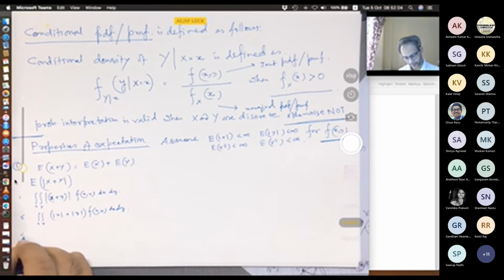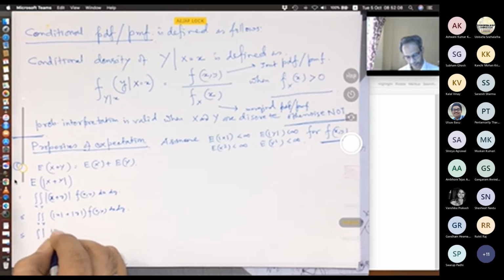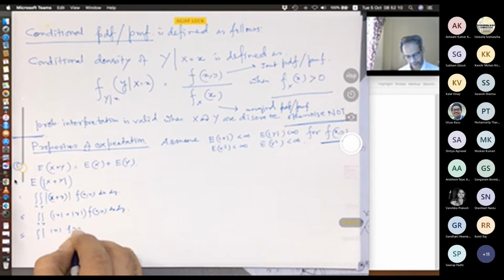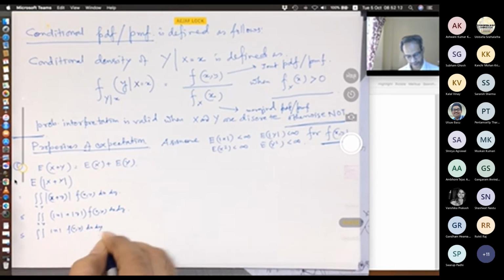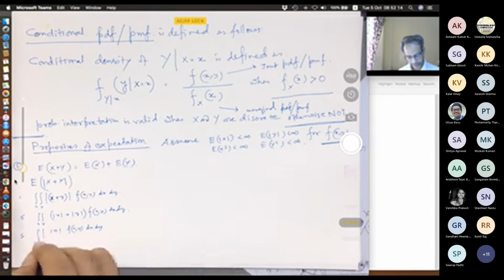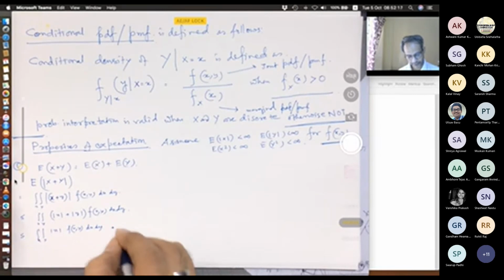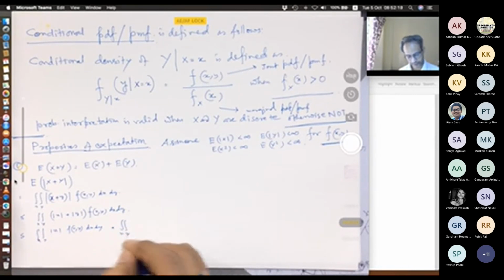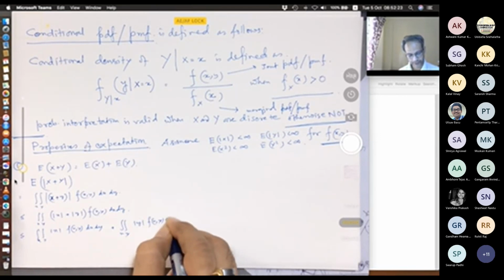Then you can split it by the Riemann property, in double integration |x| f(x,y) dx dy plus double integration |y| f(x,y) dx dy.